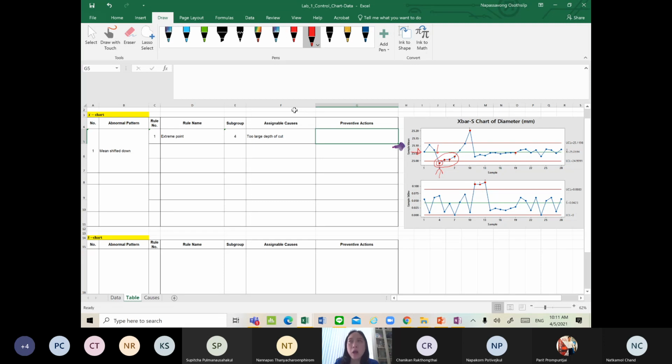And if she changed the depth of cut, not that much, the point still can be within the control limit, like in this case. But since she doesn't have enough training or knowledge or skills, she changed the depth of cut a lot.